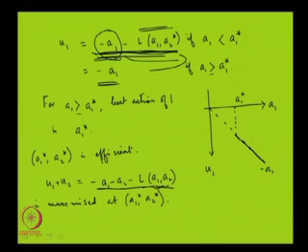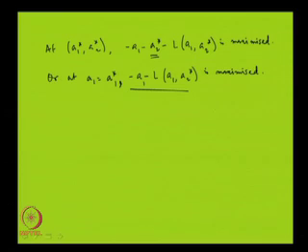So, I have got the result that if I want to maximize this function, I should set A1 is equal to A1 star, which means that the shape of the curves that we have here will be something like this.